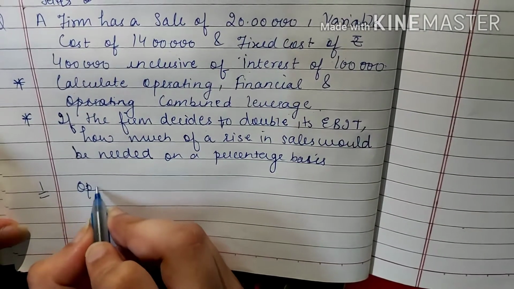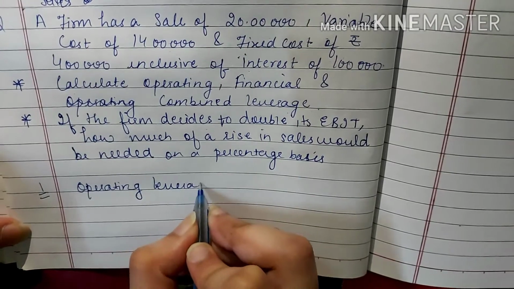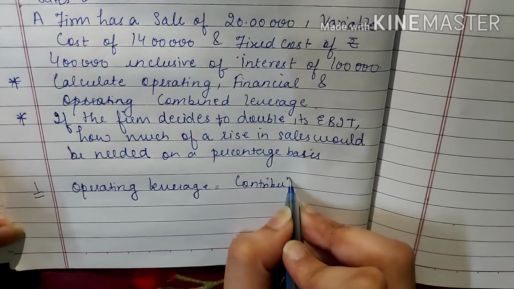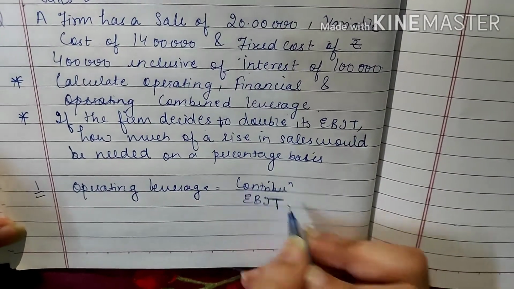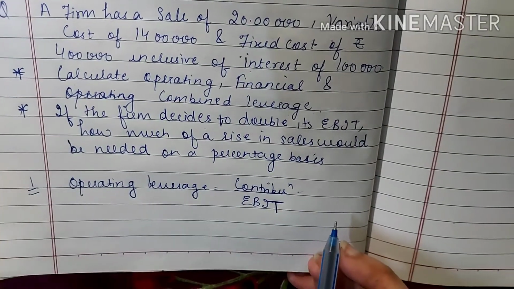First is operating leverage. The formula is contribution upon EBIT. So now we have to calculate the value of contribution and EBIT.